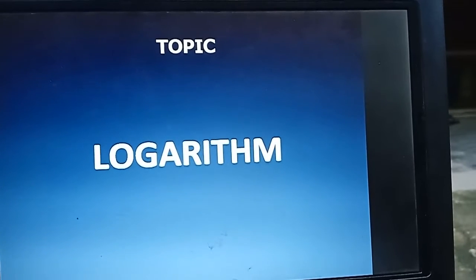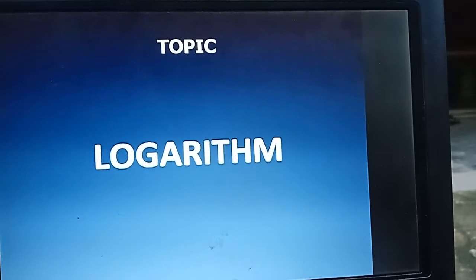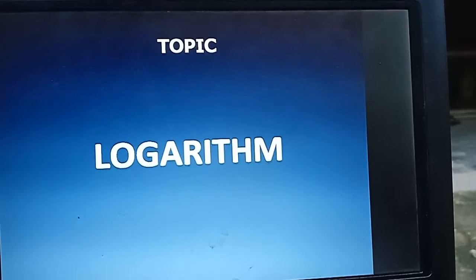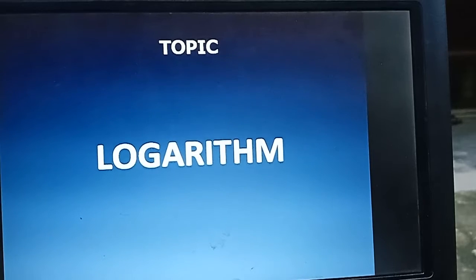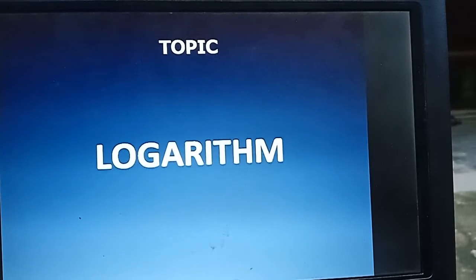Some of you have been taught in your previous classes what a logarithm is. This logarithm is a vital aspect of mathematics, which is very important when finding solutions to problems using the logarithm table.